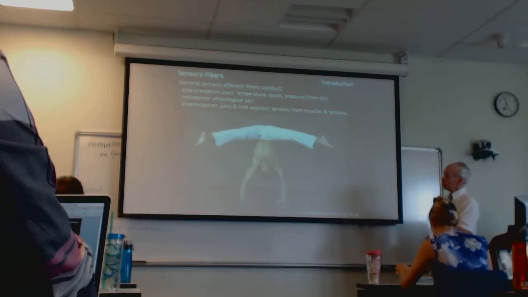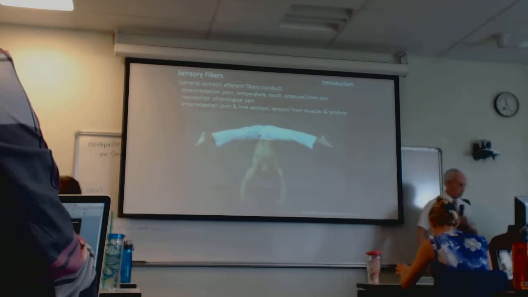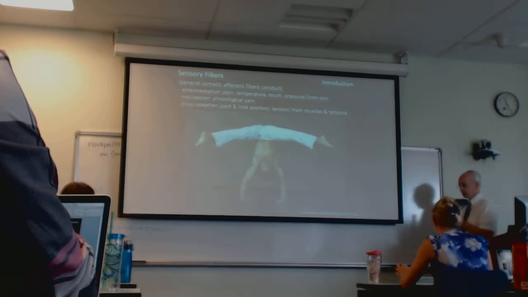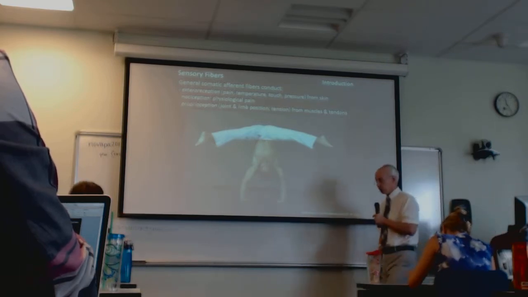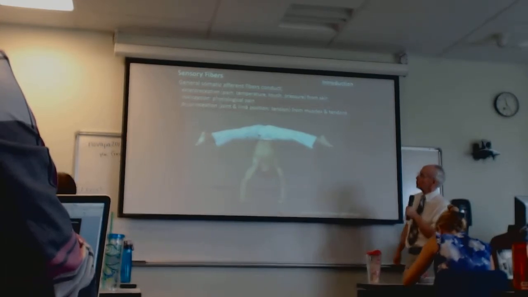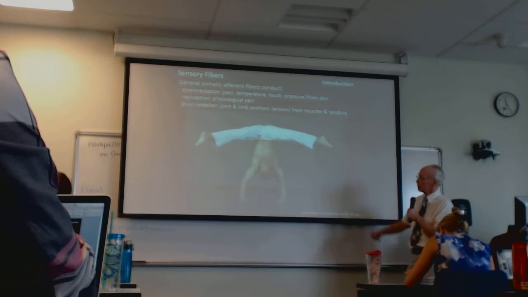The proper physiological term for pain sensation is nociception. It's not quite true. Later we'll talk about a semantic distinction between pain and nociception. But for now, we'll just call nociceptors pain receptors and leave it at that.